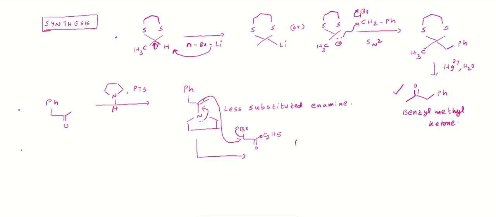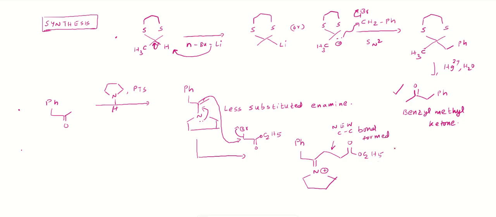So we'll get PhCH=N plus, and then CH2. See, this is CH2 and then C(=O)OC2H5. So this is the new C-C bond that is formed.